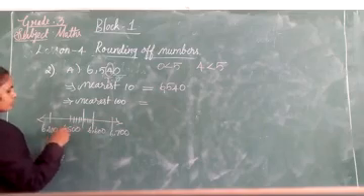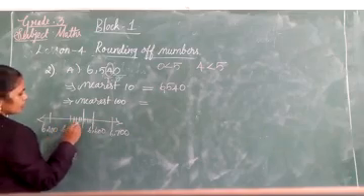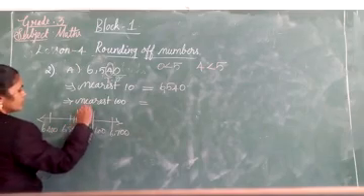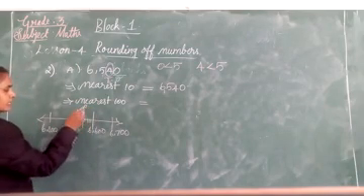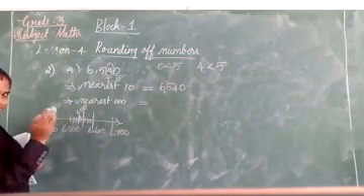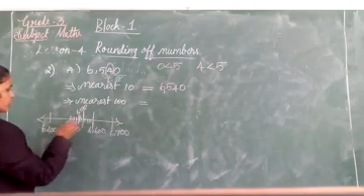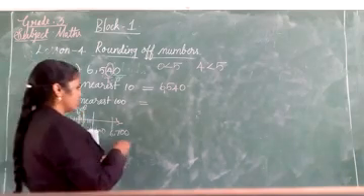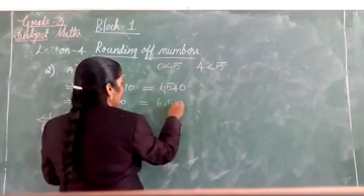So where will that 40 be? That 40 will be here. That is 6540. So in that tens place we have 4, that is less than 5. So we should round down to the nearest 100, that is 6500.